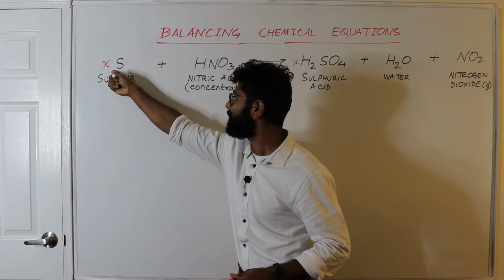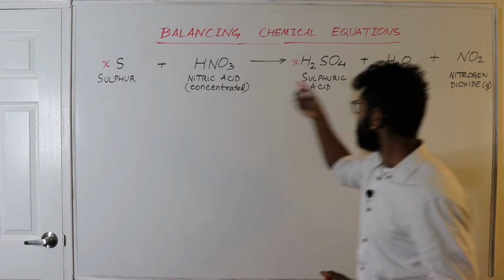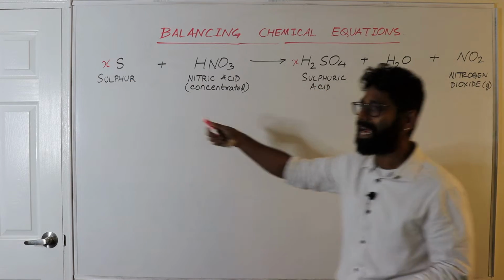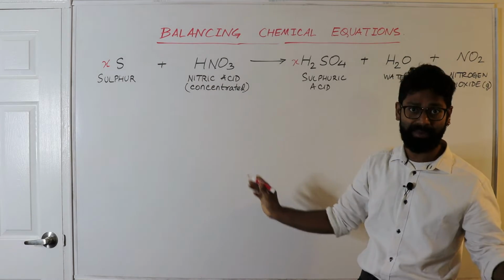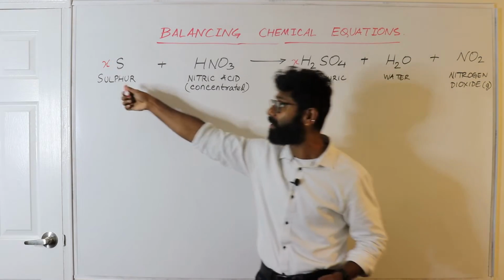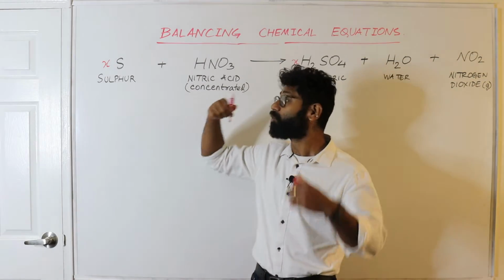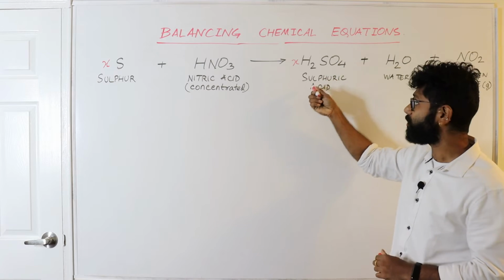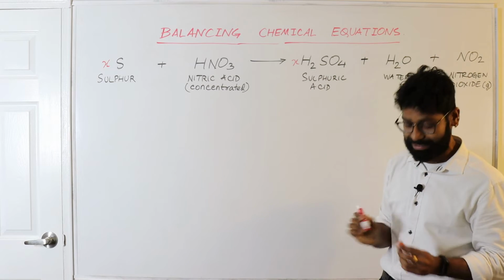Because if you start with X, you will have X. If you start with 2, you will have 2. If you start with 3, you'll have 3. Whatever that number is, we do not know what that number is. We have to balance that. So you assume it is X, and therefore the number of molecules of H2SO4 will also be X, right?